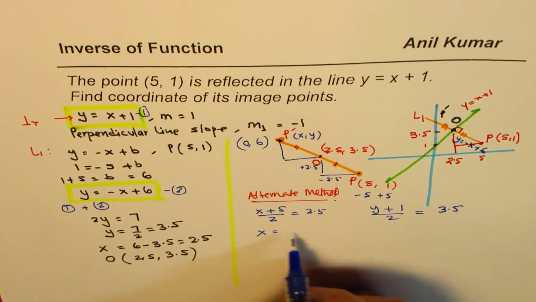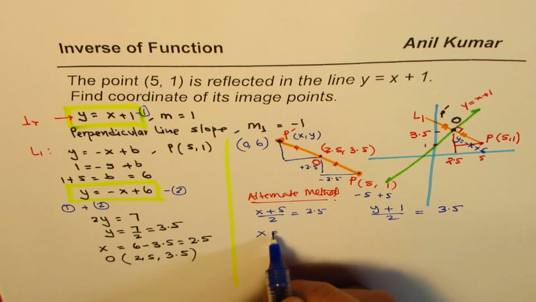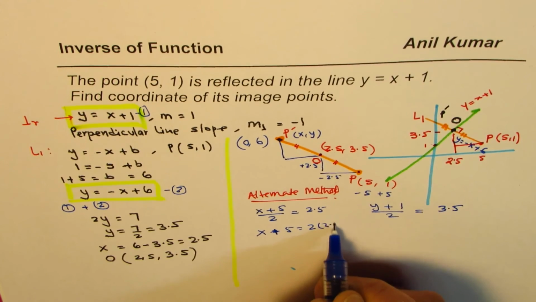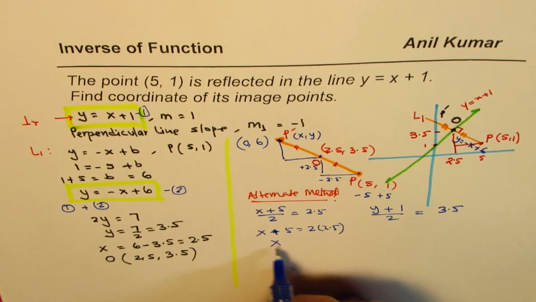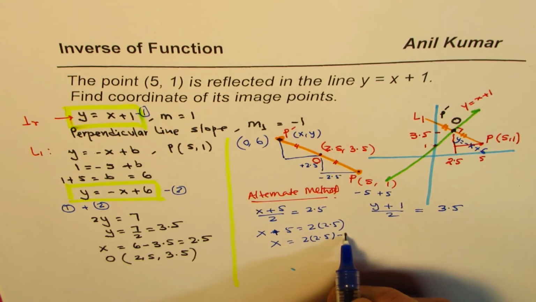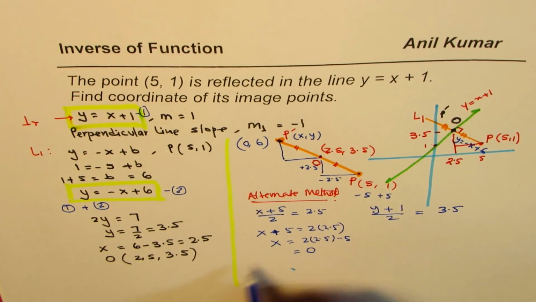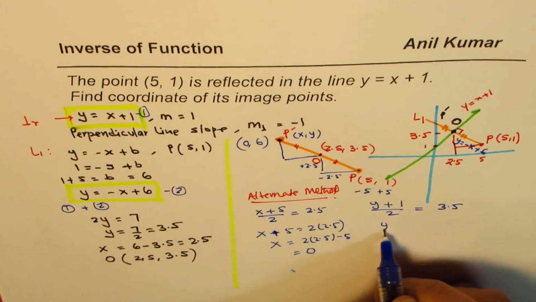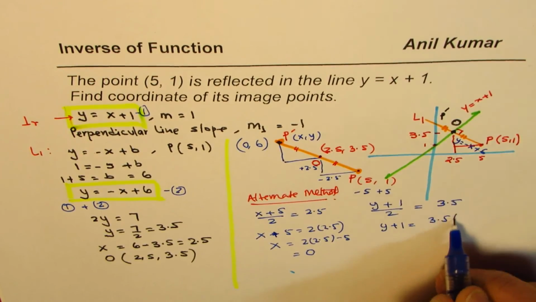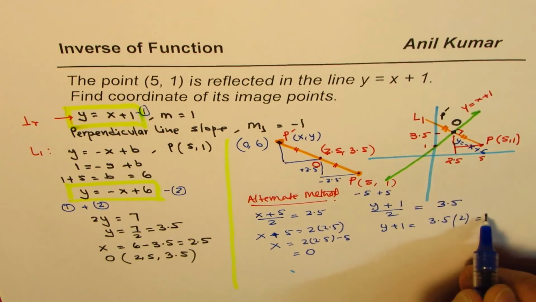So we get x equals, or let me do it in 2 steps, x plus 5 equals 2 times 2.5, and x equals 2 times 2.5 minus 5, which is 0, right? And here we can say y plus 1 equals 3.5 times 2, right, which is 7.